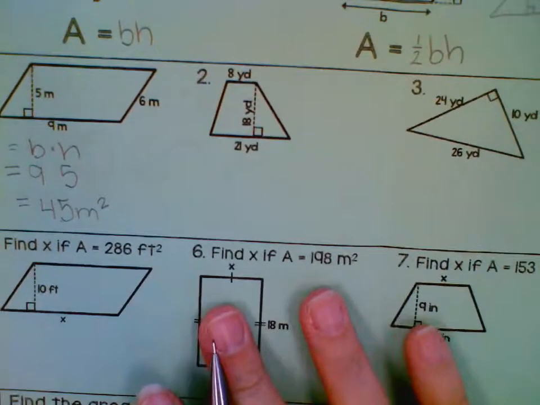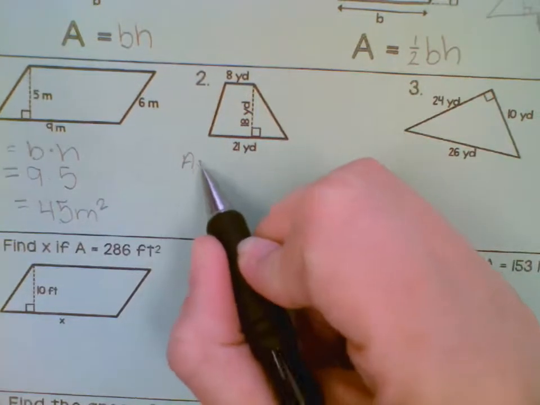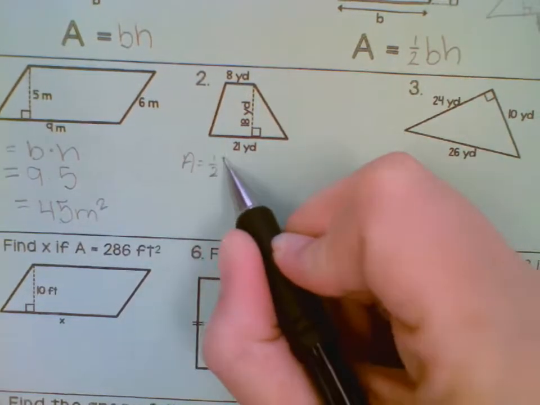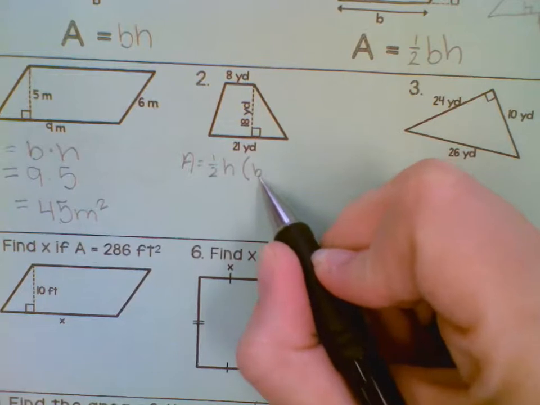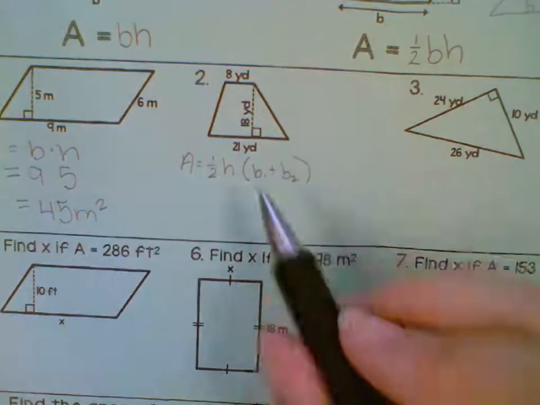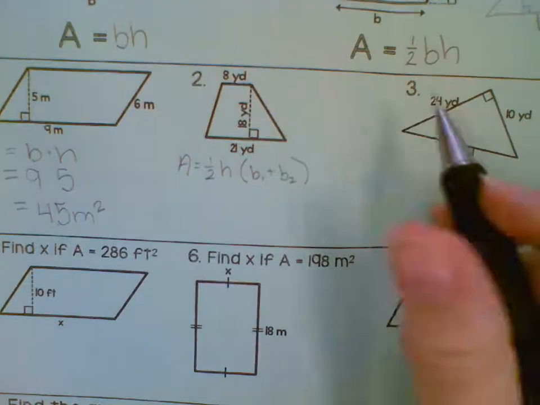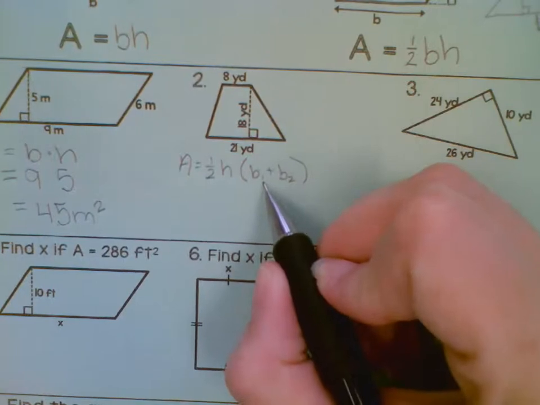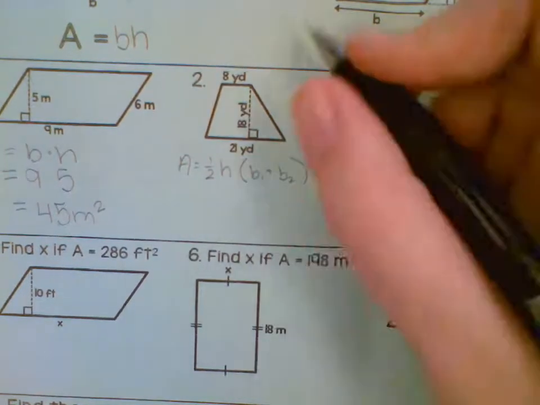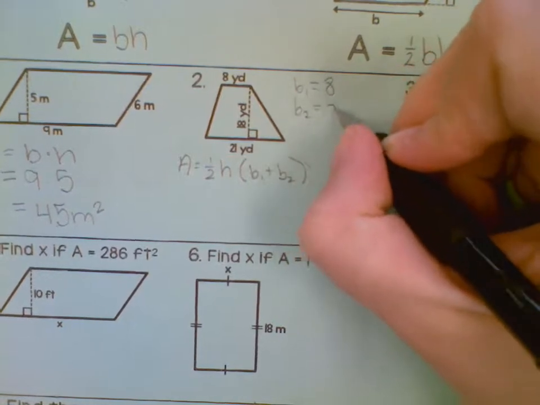So for number 2, what kind of shape is that? Very good. It's a trapezoid. So 1/2 times the height times the sum of the bases. And remember, the 1 and 2 just denote that we have 2 different bases. It's not like adding extra numbers in there or anything. So I'm going to call my base 1, 8. My second base will be the bottom.